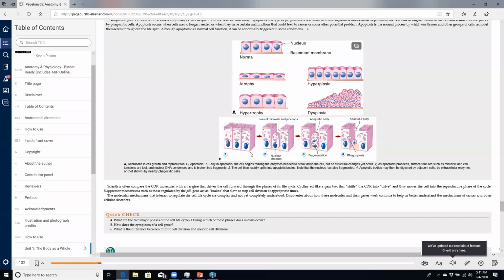On the flip side, if you have a stress or an injury that damages cells, so they lose their function, they release their contents, and they die because of stress, that's called necrosis. And that process does actually stimulate an inflammatory response by the body, and it can damage all the cells around it, and it can decrease the organ's intended function.